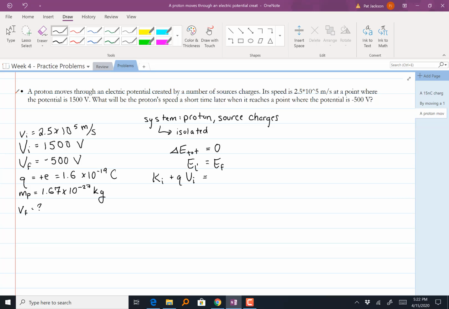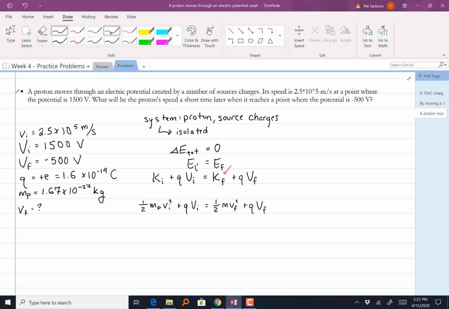In the final state, I'm solving for my final speed, so I've got a final kinetic energy and a final electric potential energy. So let's start expanding this out.